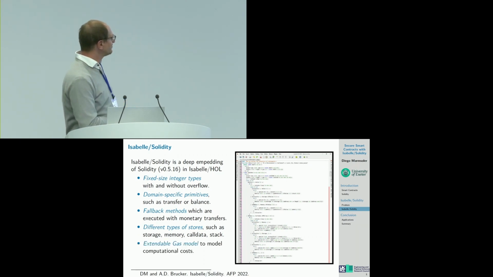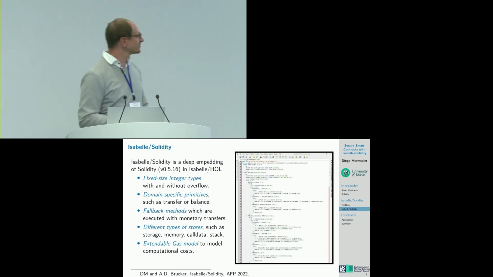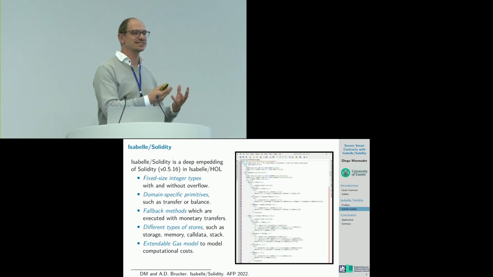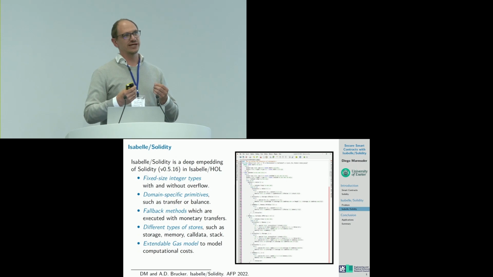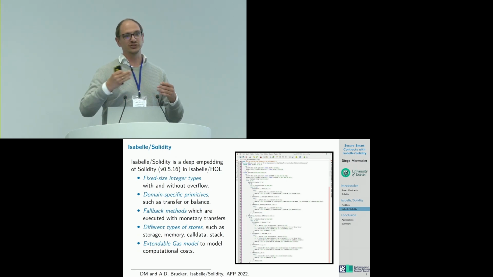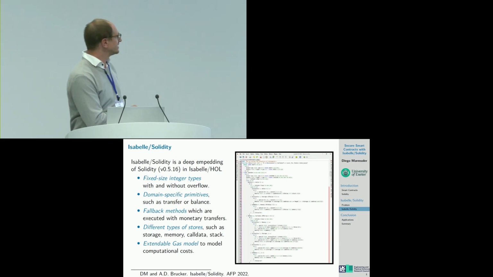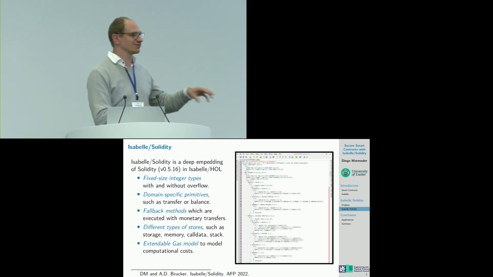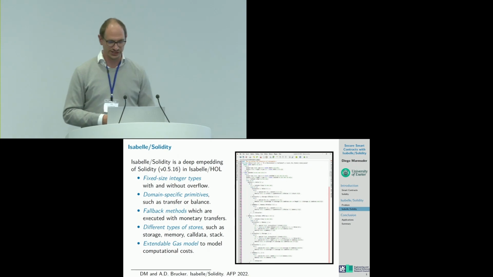And finally, we also have an extendable gas model to model computational costs. So gas is Solidity's way to model computation explicitly, and in our formalization, we allow the user to provide a custom gas model for their particular context.